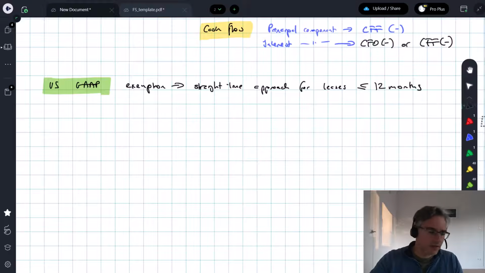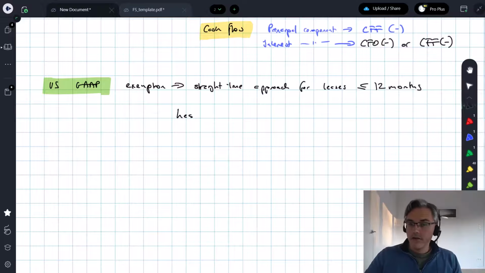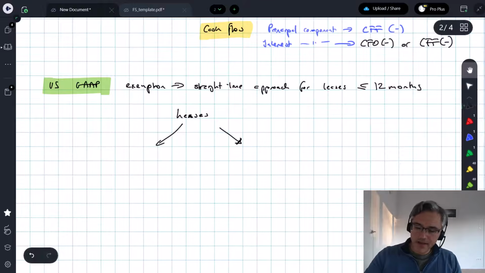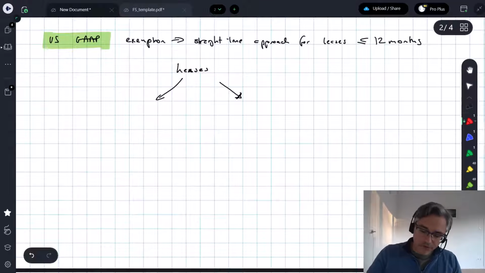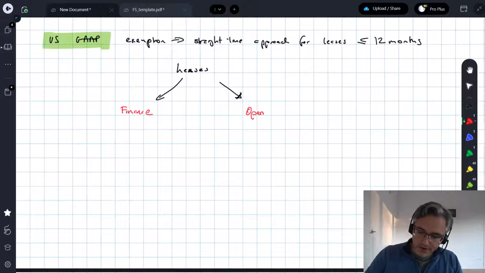But other than this, there isn't an exemption for low value assets. That's only IFRS specific. So leases will absolutely need to be split into the finance type and the operating type.